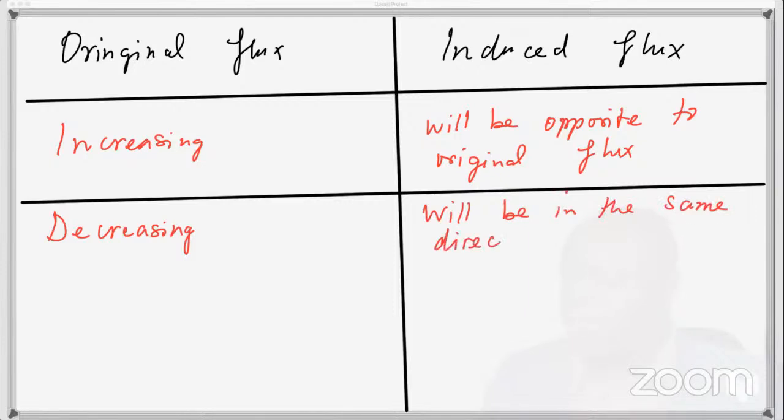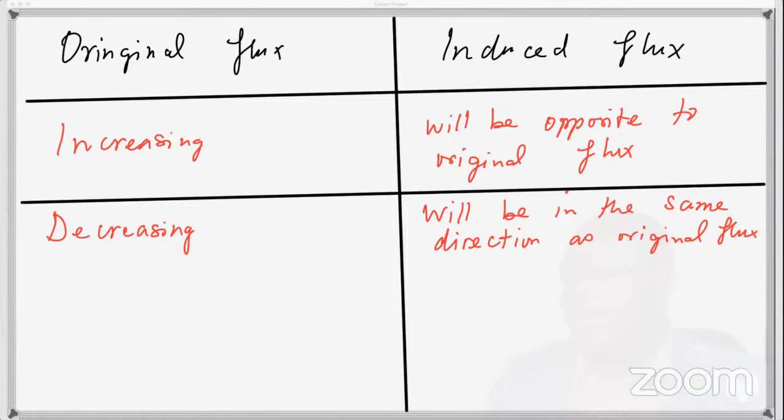Again, flux here is just magnetic field lines. Okay, so let's say you had 10 magnetic field lines that were going into the page, and all of a sudden the 10 lines drop to 8. So that's a decrease in flux.